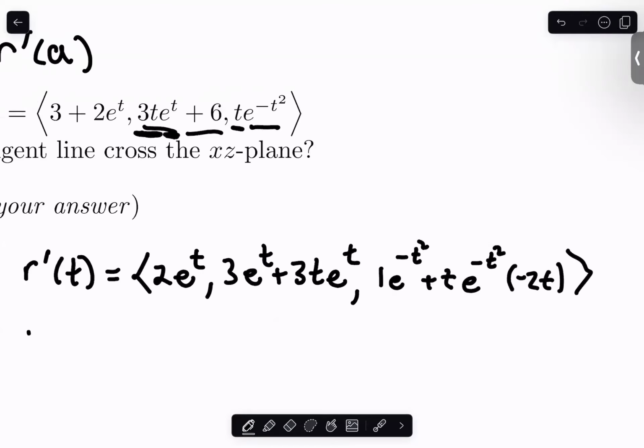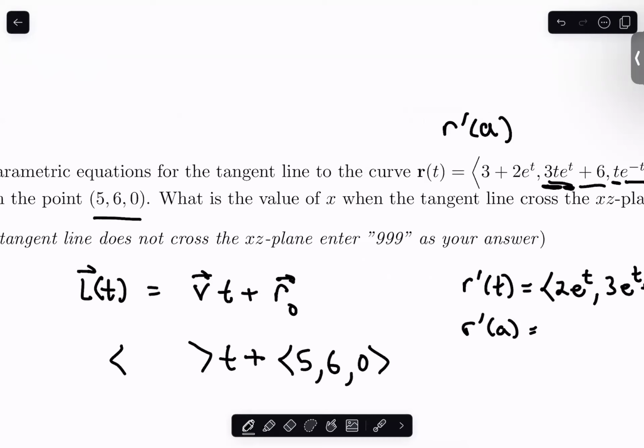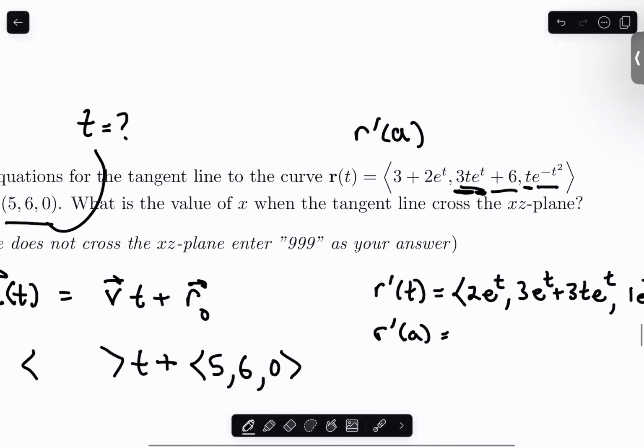So now the last bit is I need to plug in some special time that corresponds to, right, I want the tangent vector at a specific point in space. I want it when I'm at 5, 6, 0. So the question is, at what time value am I at this point? And so for that, right, I need to go back to my original equation here, because remember, we have our x component, our y component, and our z component.